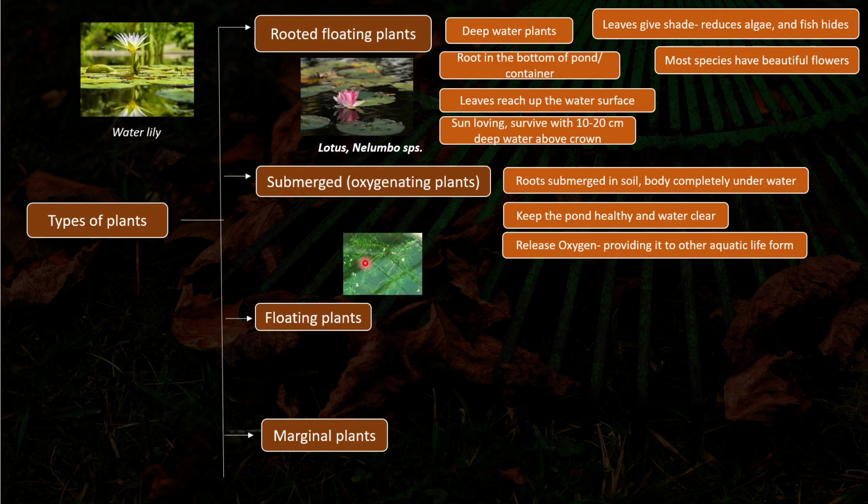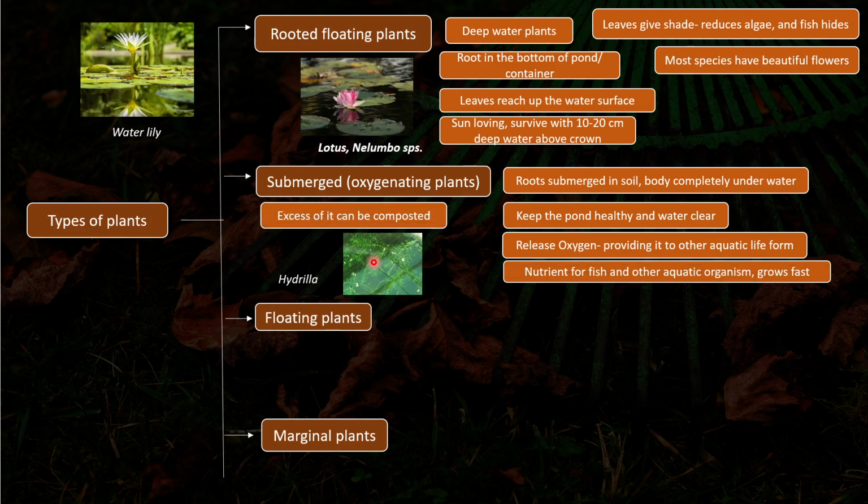So these are plants like hydrilla, right? And plants like anacharis, right? Hydrilla is a very famous plant, and it is also very easy to grow. You will have many experiments in botany which use hydrilla as an experimentation plant. So hydrilla is a submerged oxygenating plant.